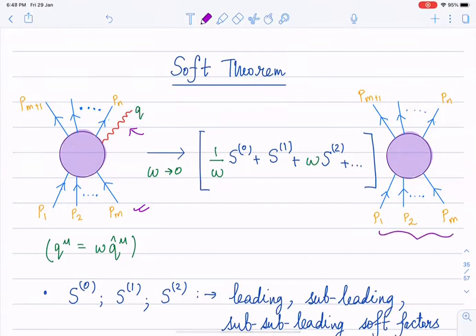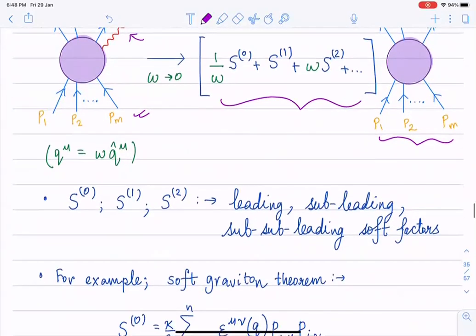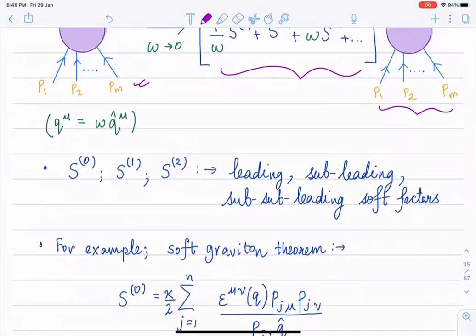So in this case, on the right hand side we have an n point amplitude without the soft particle, and then there is some prefactor which is organized in terms of the energy of the soft particle, denoted by omega here, and these prefactors, S0, S1, and S2, are what are known as soft factors, depending on at which order in omega they appear.